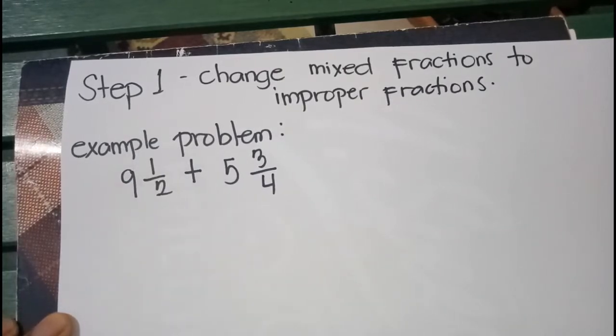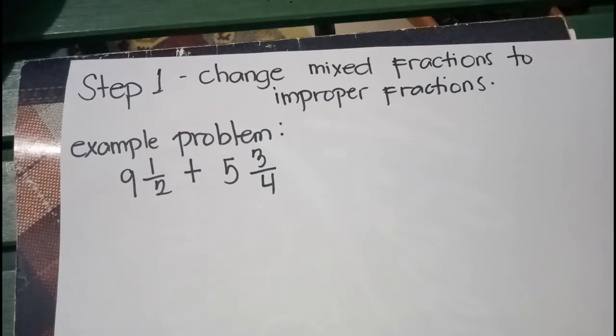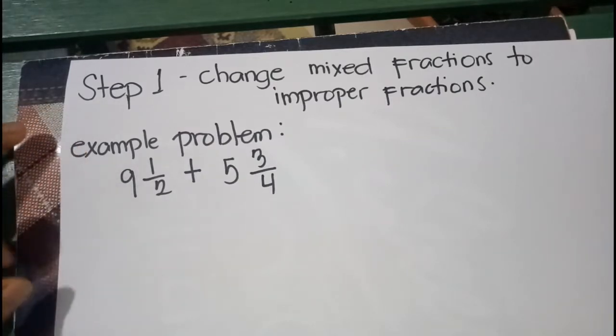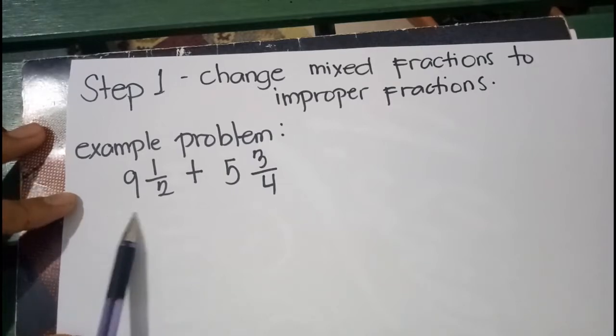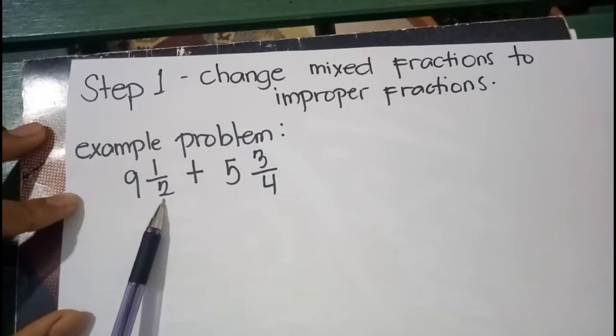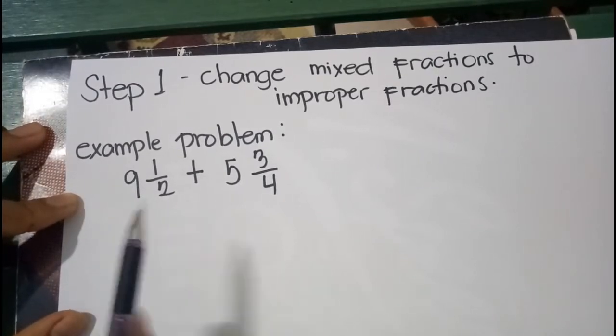To change a mixed fraction to an improper fraction, you multiply your denominator with your whole number. So for this fraction, our denominator is 2, and we need to multiply it to 9.